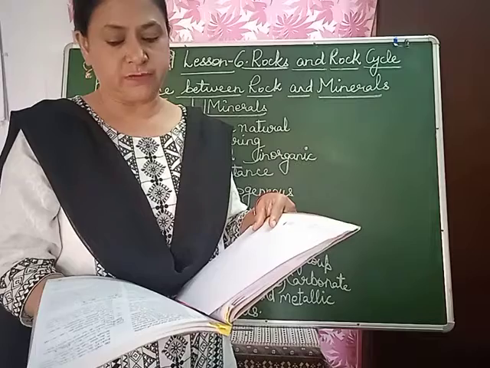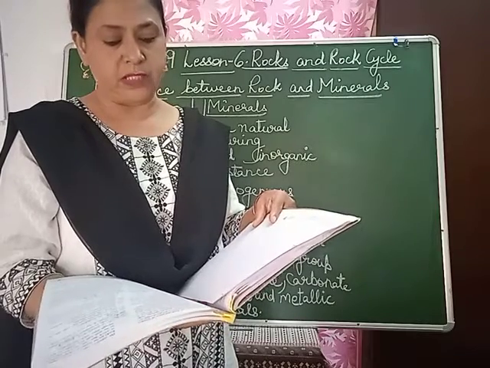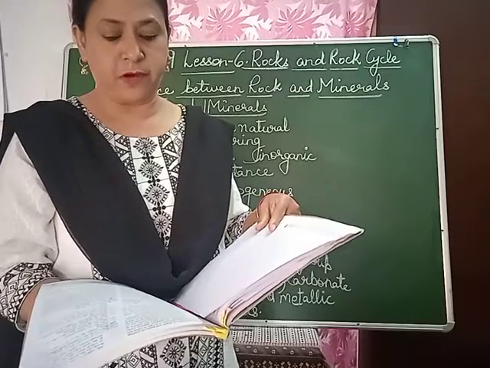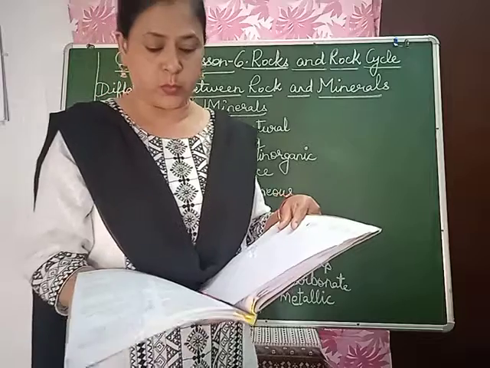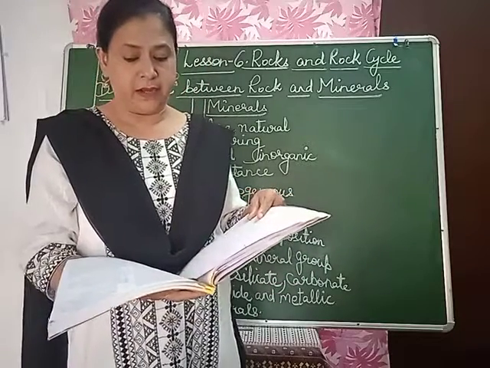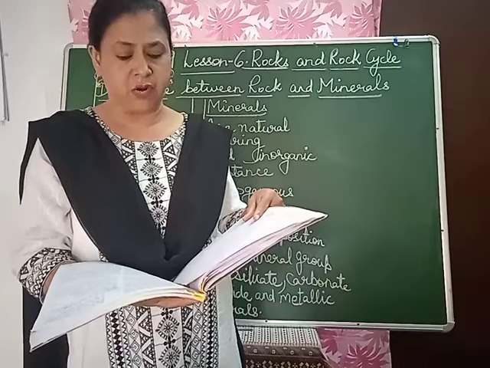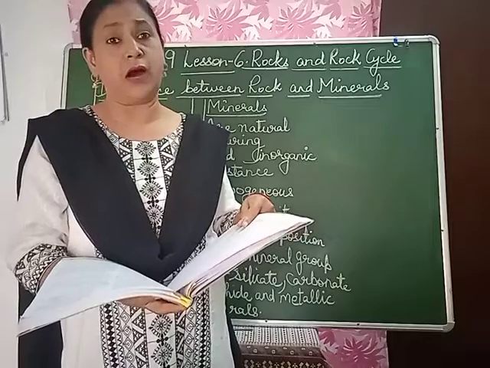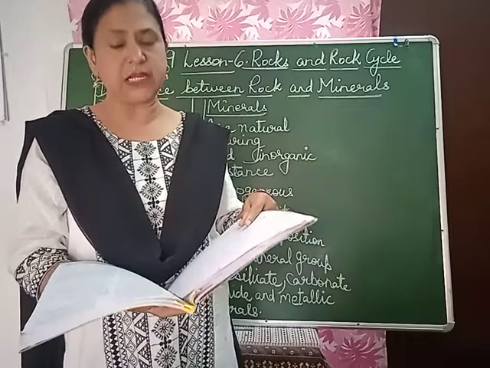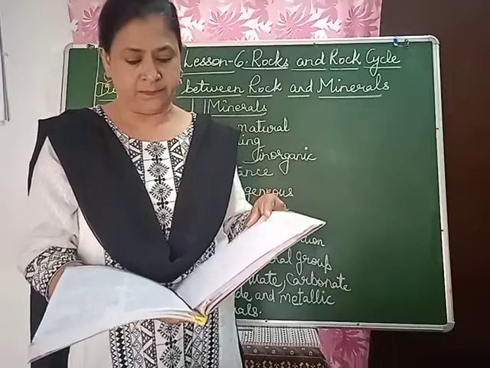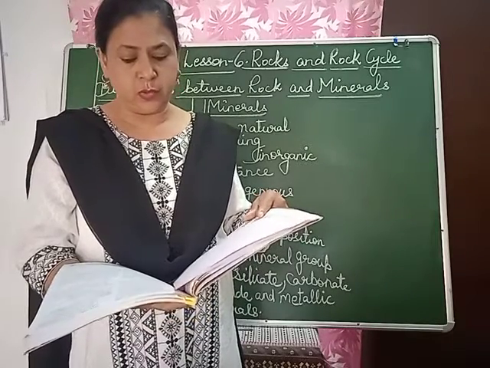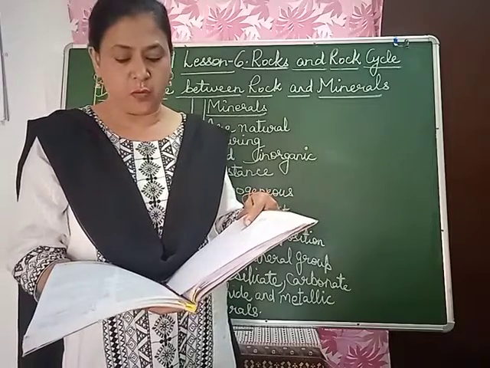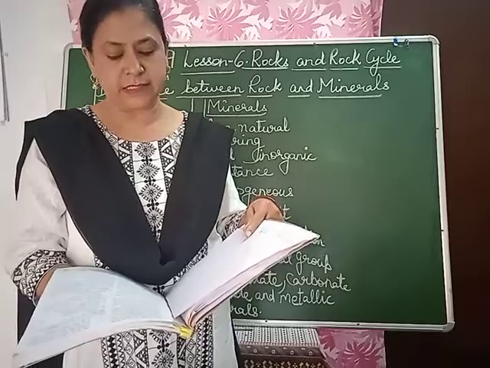Apart from the above, other intrusive igneous rocks are these. Batholith is a large mass of igneous rock, chiefly composed of granite, covering about 100 square kilometers. Its floor is not visible, so it is spreading. When this comes out from the earth, it spreads across 100 square kilometers. Laccolith is a dome-like mass of igneous rock which arches the overlying sediments and has a more or less flat floor.